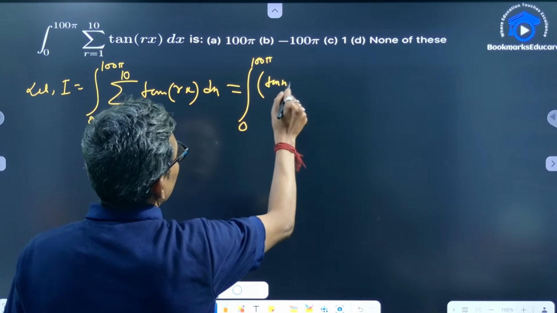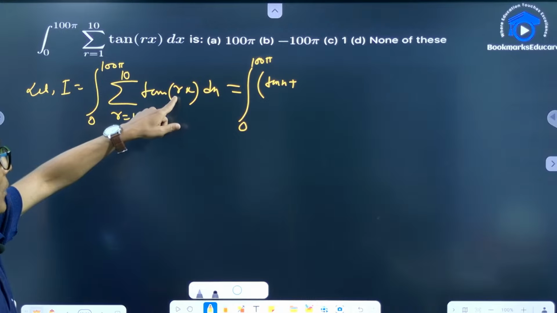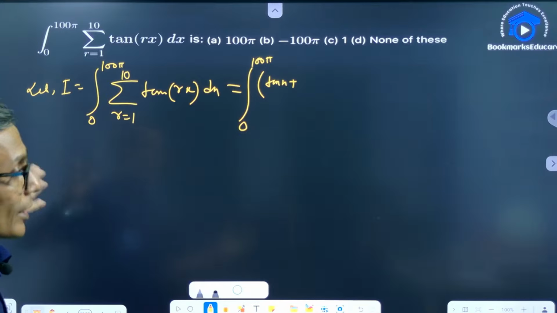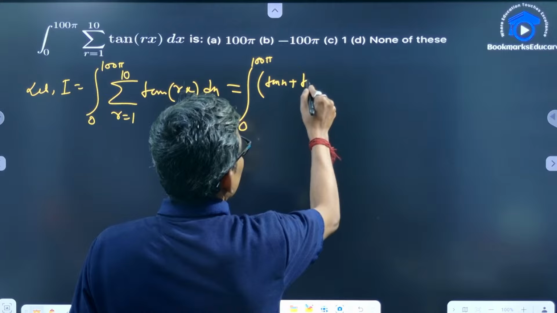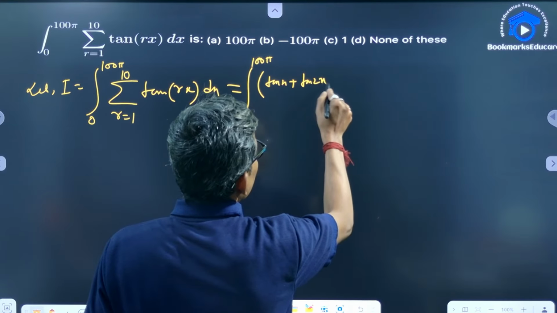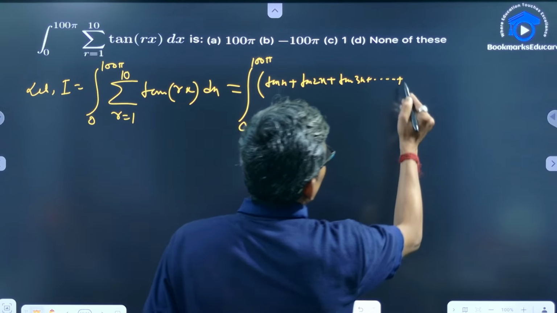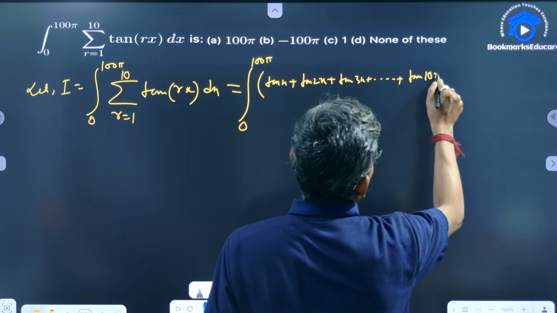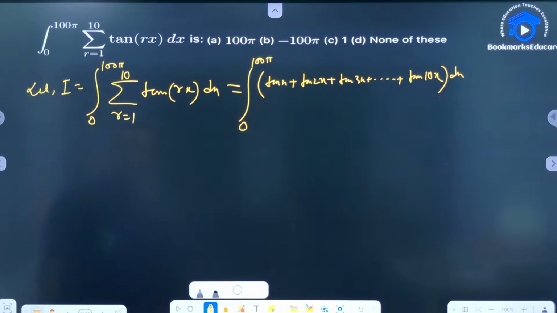First of all, you have to put 1 instead of r, after that 2, and after that 3, and so on, and the integrand parts will be added with plus sign. So tan x plus tan 2x plus tan 3x, and it goes on to tan of 10x, dx. Clear?